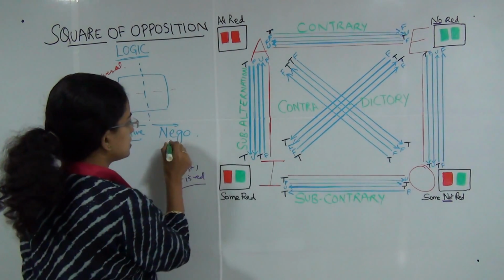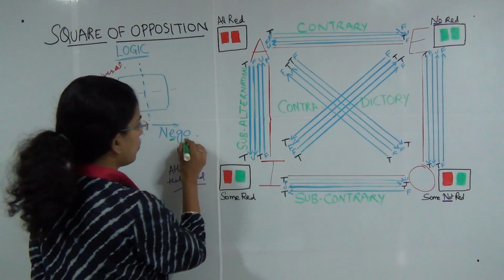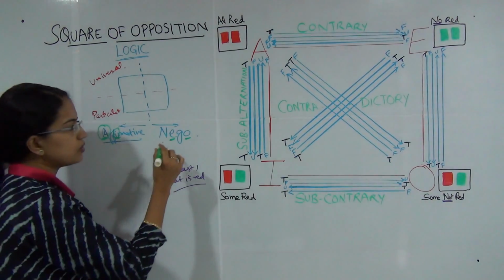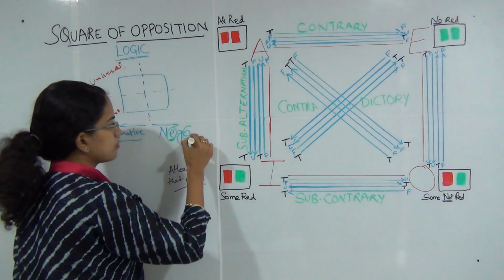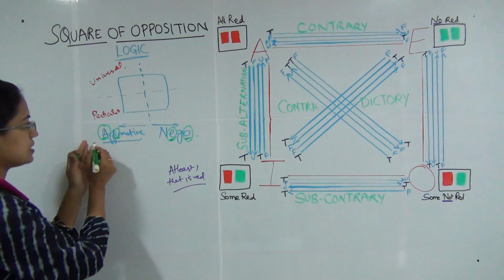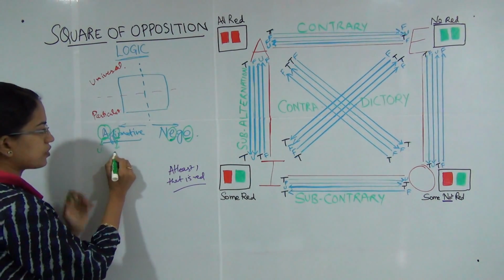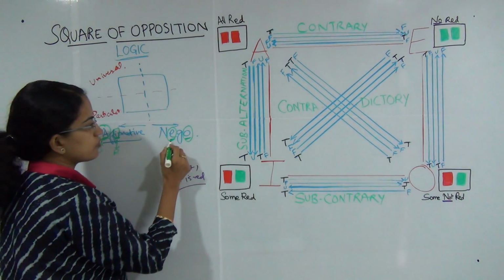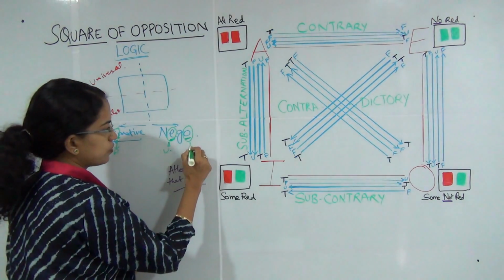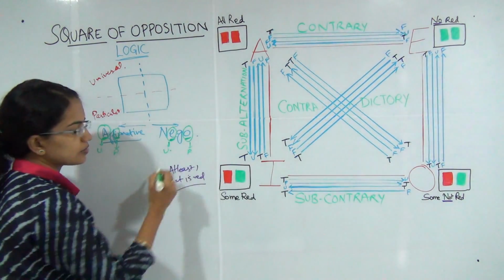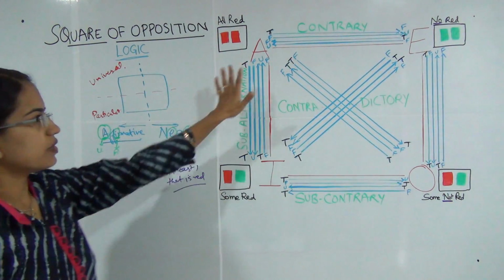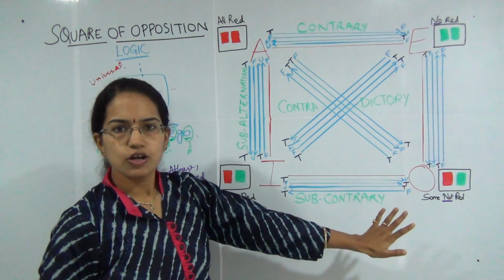And I am picking the words E and O from negative or nego. So these two would be the negative statements. And since A is before I, A will be universal in nature, I would be particular in nature, E would be universal in nature, and O would be particular in nature. Okay. So this is how we understand why we are taking A, E, I and O.